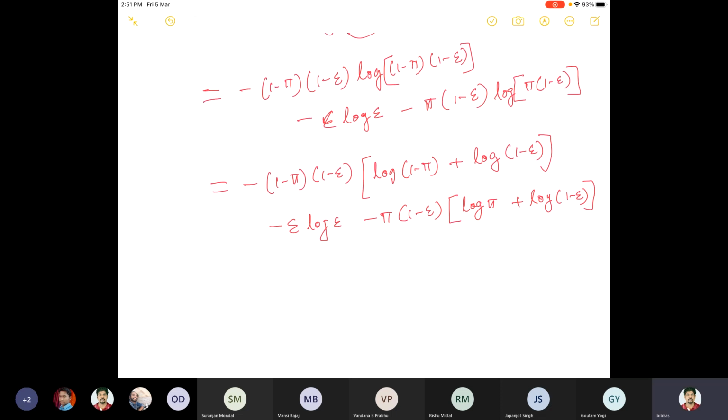Now what can I do? I can combine these two using this 1 minus epsilon. If I do that, let me take 1 minus epsilon as common. Then there will be a term here, minus of 1 minus pi, right? And then log of 1 minus pi.